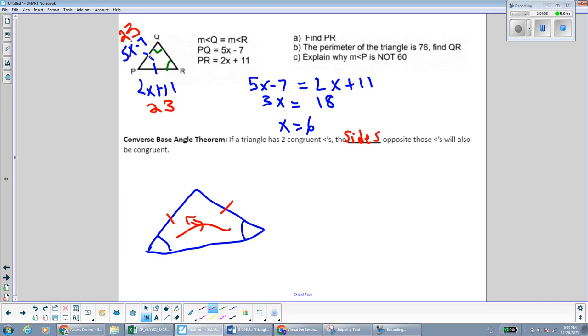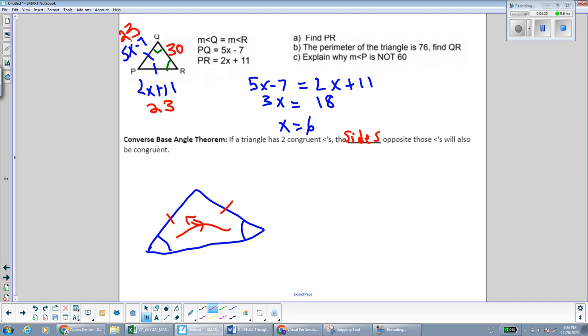They were opposite from the congruent angles. Now the perimeter of the triangle is 76, so all three sides together have to make 76. These two sides are 23, so 23 plus 23 is 46. Now we just need to figure out what the last side is to make 76, and that's 30.